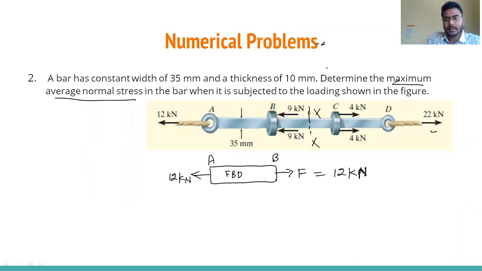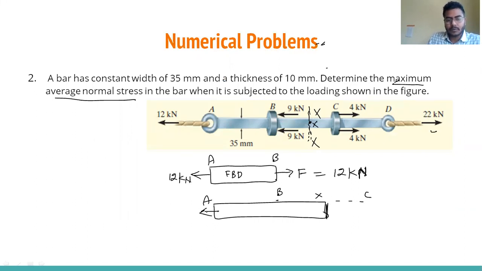So I'm drawing a free body diagram for A to X. This position is X. This is A, and this position X is in between B and C. Here is the B, and somewhere here is the C, right?